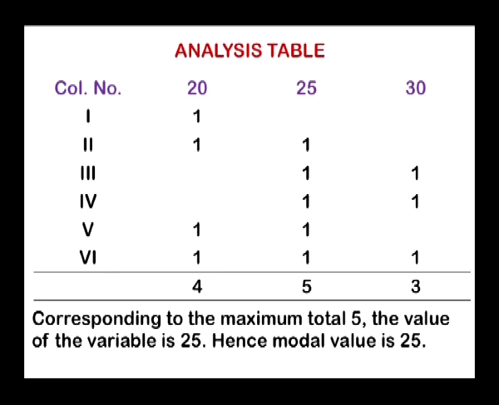In the fourth column, 25 has got 1, 30 has got 1, and in the fifth, 20 has got 1, 25 has got 1. In the last column, 20 has got 1, 25 has got 1, and 30 also has got 1. If we take the total for 20, 25 and 30, 25 has the maximum frequency. Therefore, the modal value will be 25.